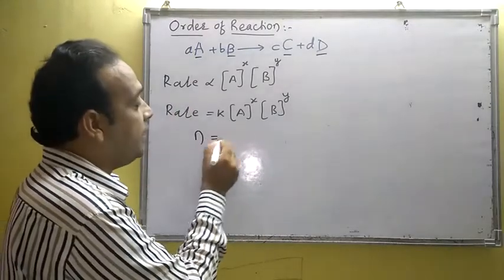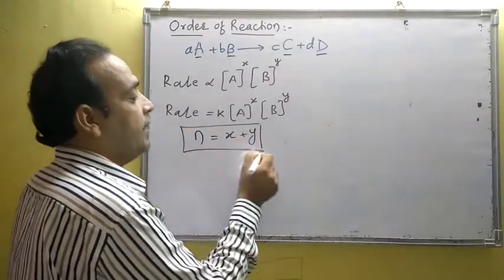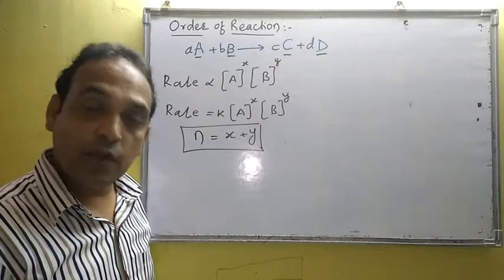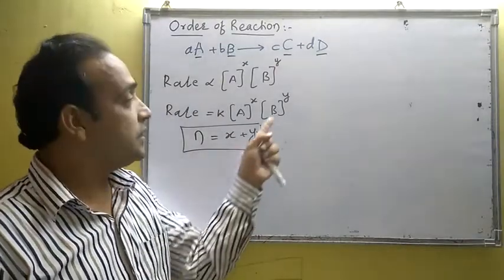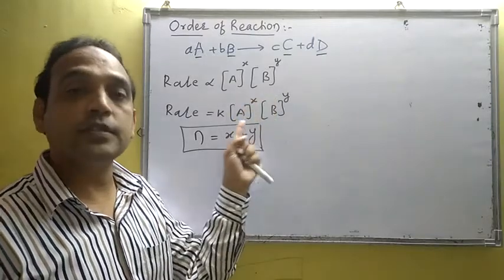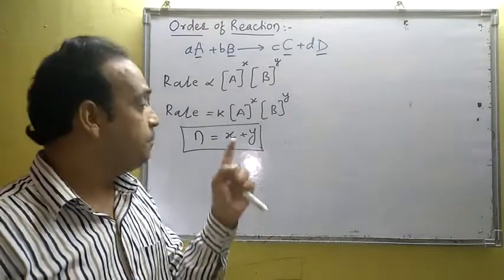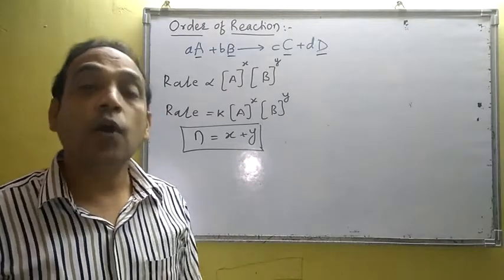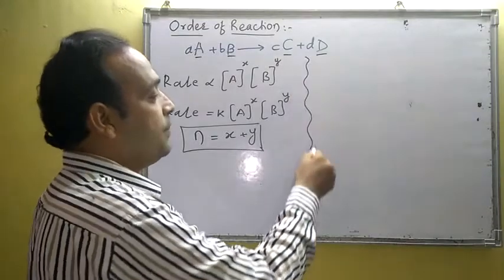So we can write n is equal to x plus y, and this is called the order of reaction, the sum of powers of concentration terms in the rate law expression. So dear student, this is a simple concept.